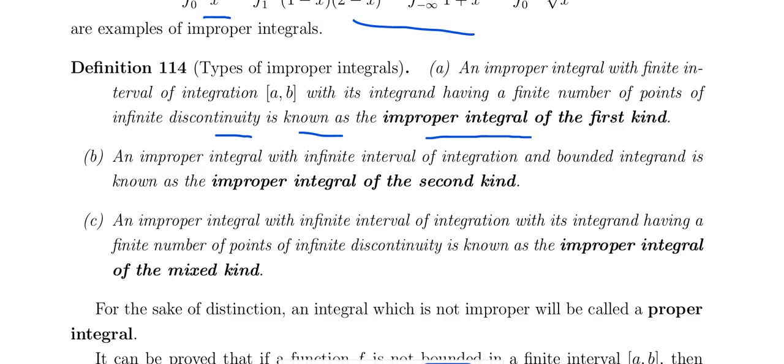Infinity varum, that's called the discontinuity at the point infinity. So that is called the improper integral of the first kind.